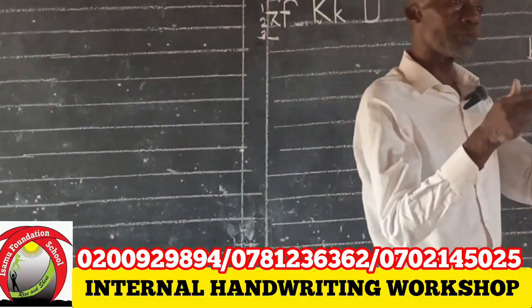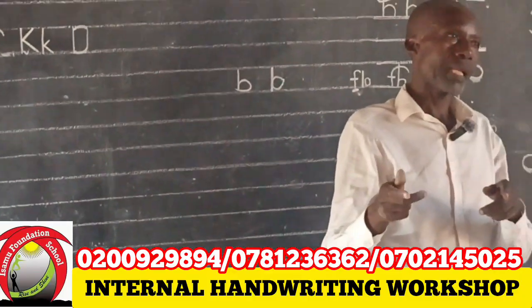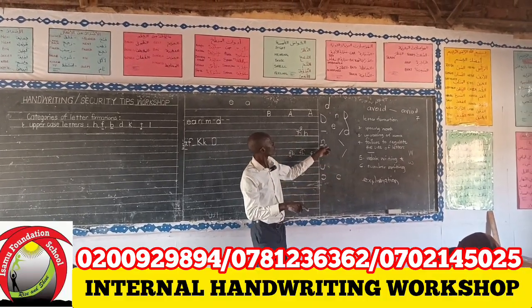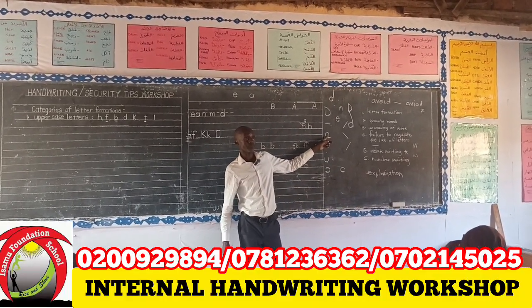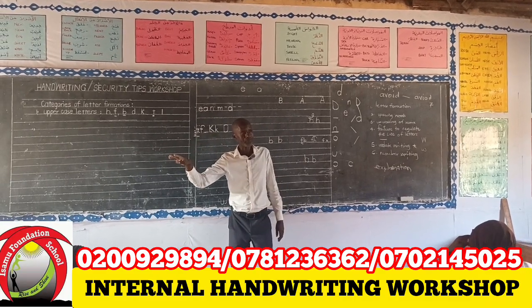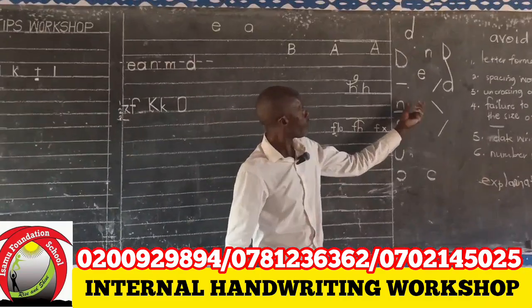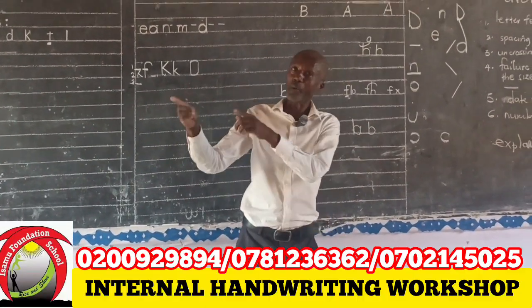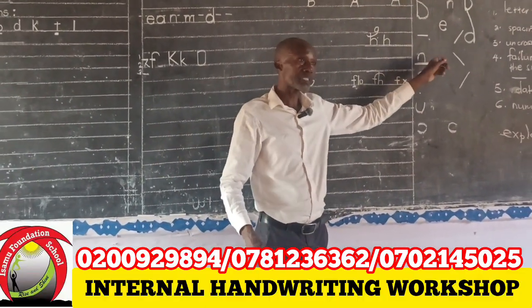The handwriting books from P4 to P7 are for those learners who have already gone through all this, and they are at the level of perfection. So now in primary 5, you may not start at this level. But in primary 1, you are deemed to start with this level.